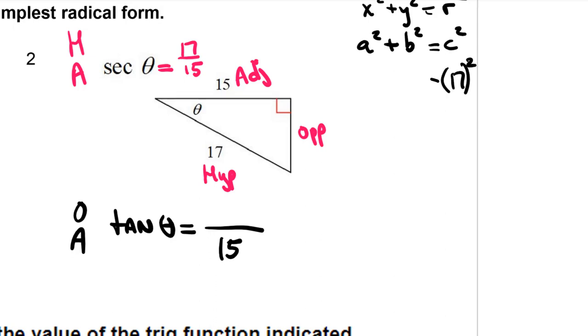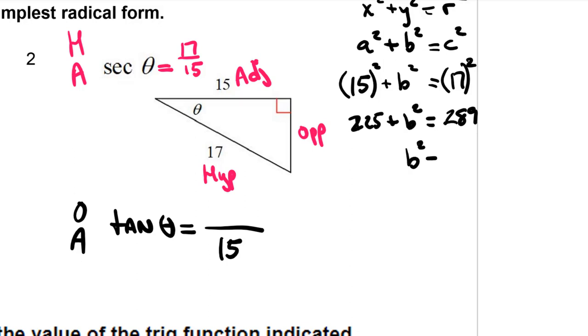I want you to put parentheses around that, and you'll see why in a little bit. A squared, I'm just going to let 15 be the a squared. If you let it be b squared, it's all good. Doesn't matter. Now, when you square 15, you get 225. B squared is what we're trying to figure out, and 17 squared is 289.